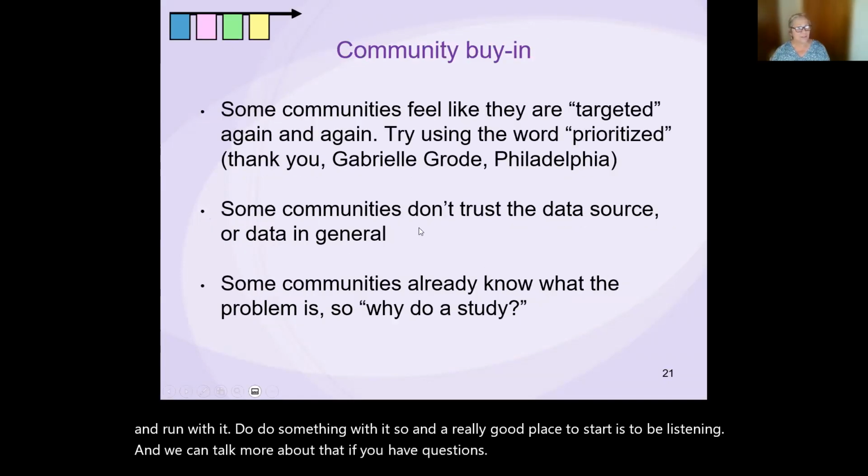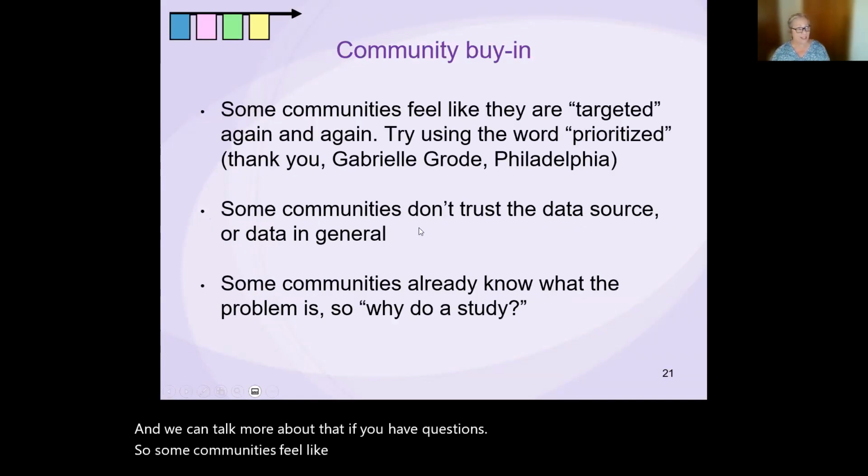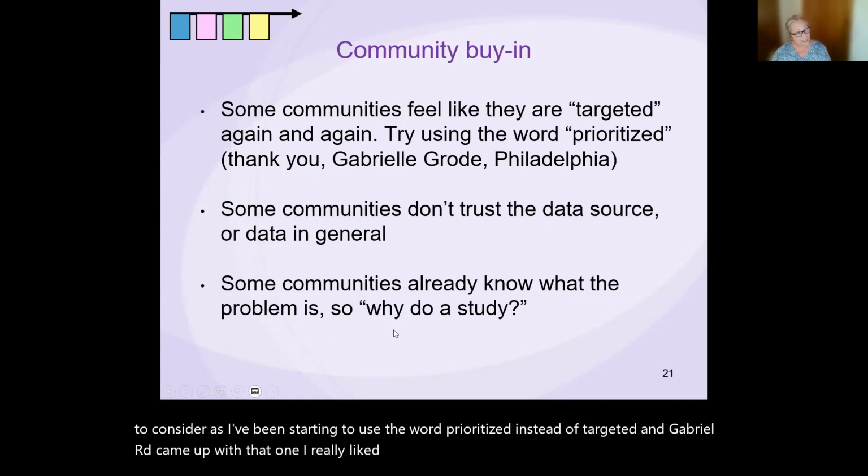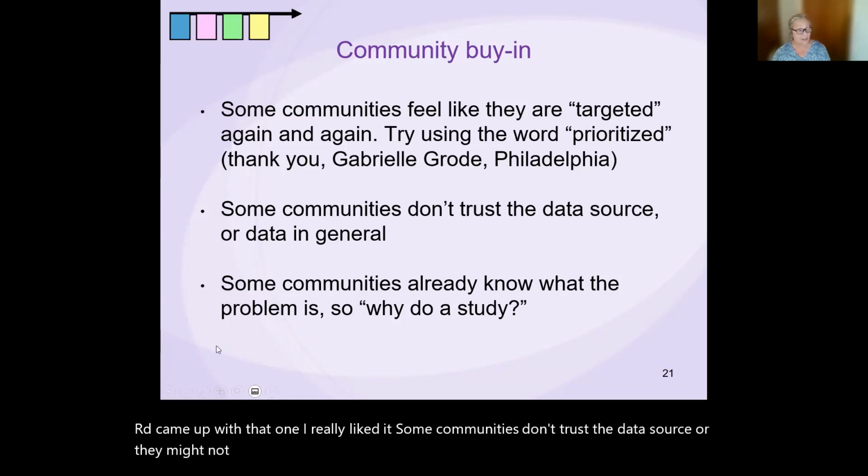So some communities feel like they're targeted again and again and again. I would like you to consider, as I've been starting to use, the word prioritized instead of targeted. And Gabrielle Grode came up with that one. I really liked it. Some communities don't trust the data source, or they might not trust quantitative data in general.